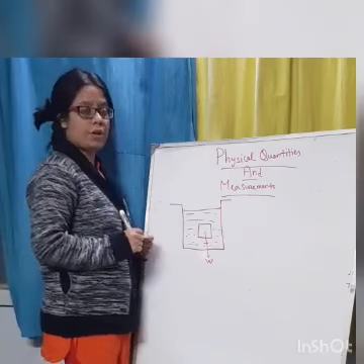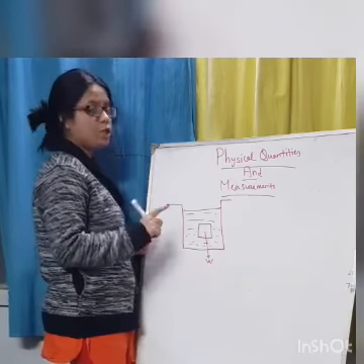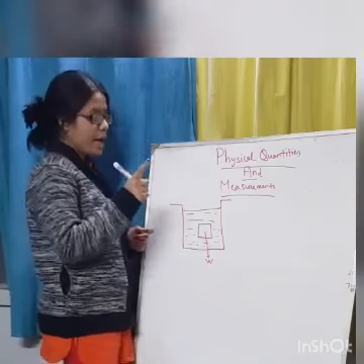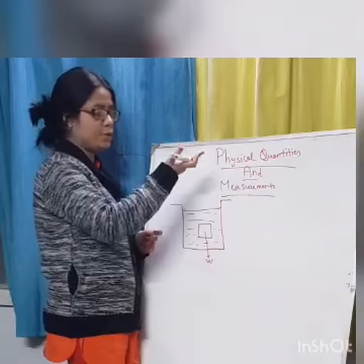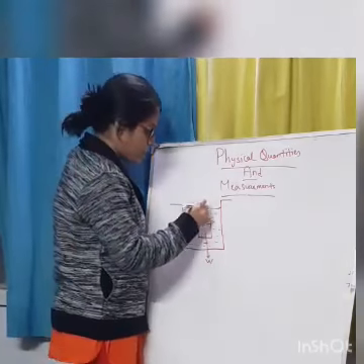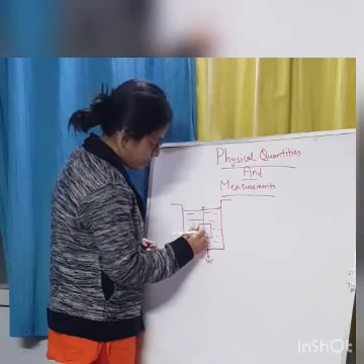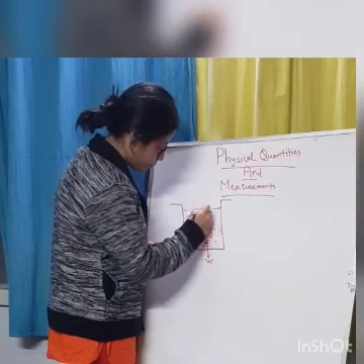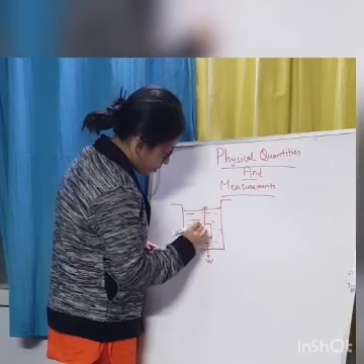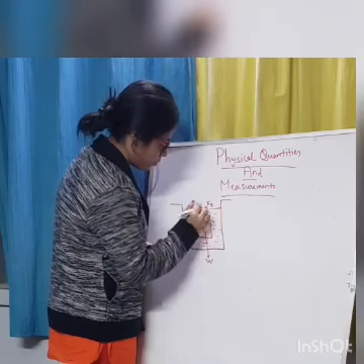Along with the weight of the body, there is another force which acts on the body, known as the buoyant force. This buoyant force pushes the body upwards. It is an upward force, FB or buoyant force.